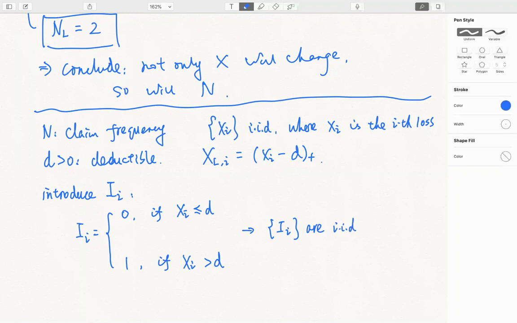Okay, not only are they IID, I actually know the distribution, right? They are IID Bernoulli distribution. Okay, what is the meaning of I?